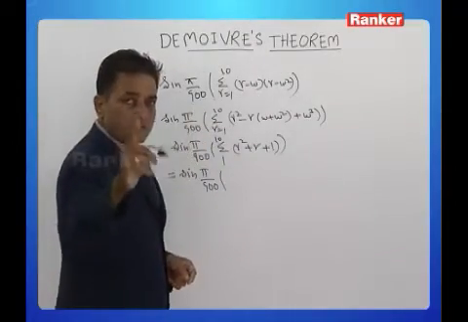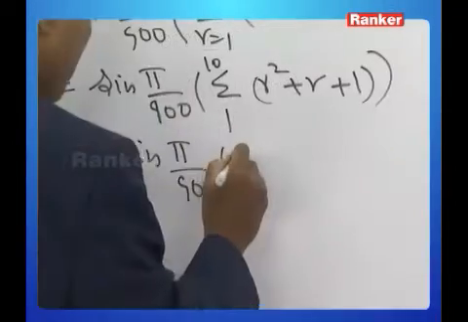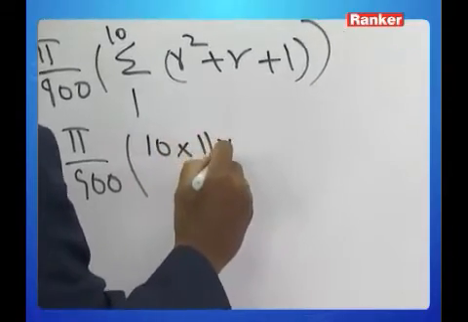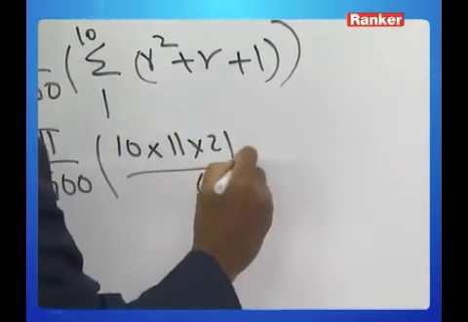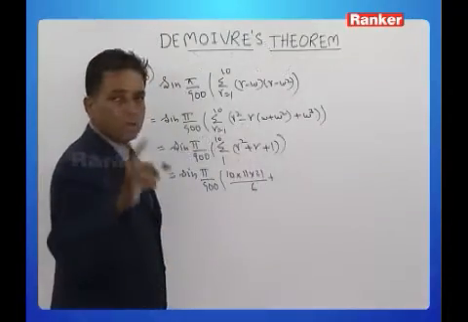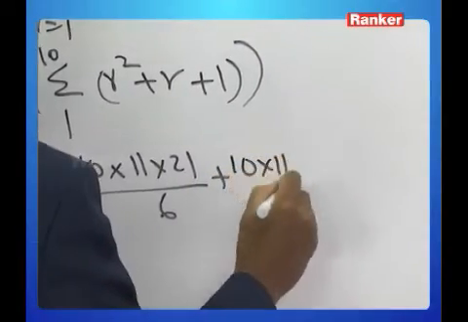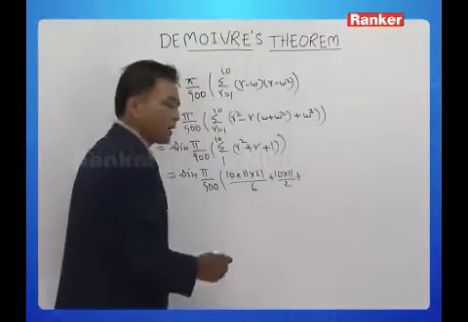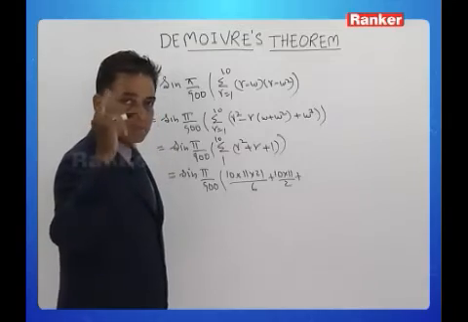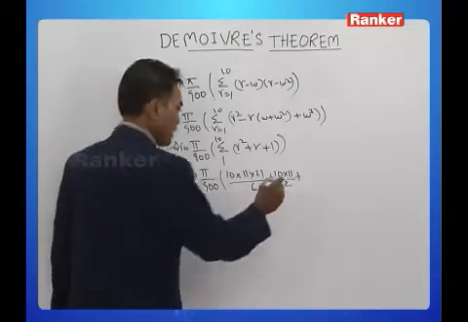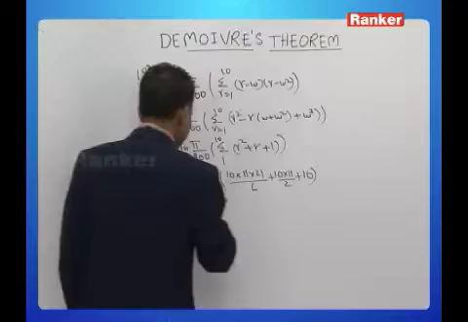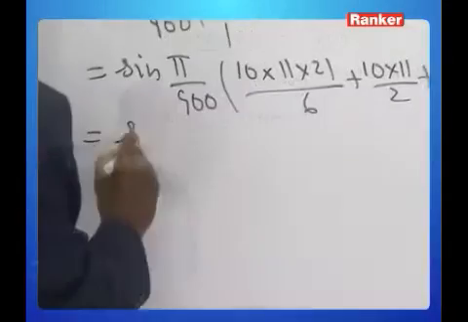N into n plus 1 into 2n plus 1 by 6, 10 into 11 into 21 by 6. Sigma 10, n into n plus 1 by 2, 10 into 10 plus 1 by 2. And sigma 1, write 1 ten times, 1 plus 1 plus 1 plus, 10 times. So, 10.